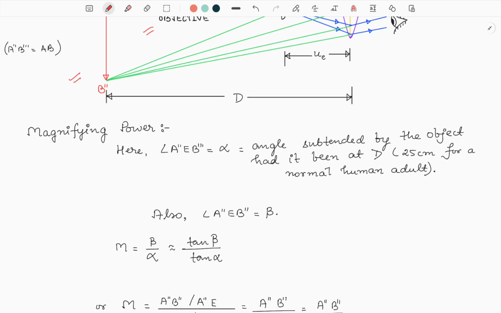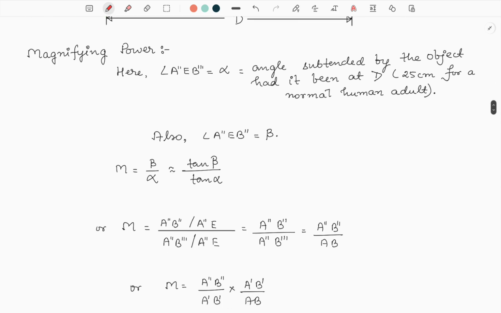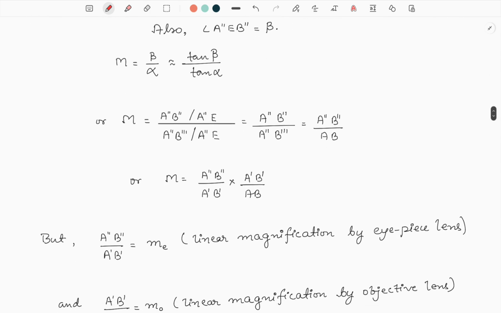We can take alpha and beta as tan alpha and tan beta respectively, and the magnifying formula is the same as we calculated earlier: the angle subtended by the image at the eye divided by the angle subtended by the object when it is placed at the least distance of distinct vision. So you will get M is equal to A double dash B double dash divided by A dash B dash into A dash B dash by AB.